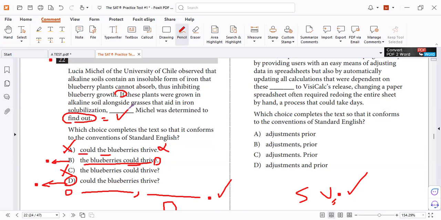So we give you the grammar and structure correct, but the content wrong. If you choose B, that means he was not determined to find out. He already knew it, or he guessed it. But here he wanted to find out, which means he was asking questions, or he was in a hypothetical situation in a question. So we need a question. This is a common trap. So it's wrong. So the clause can be subject and verb only.